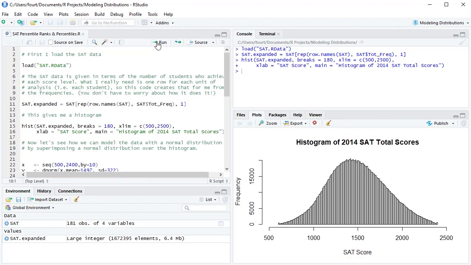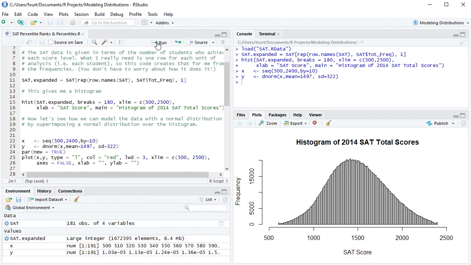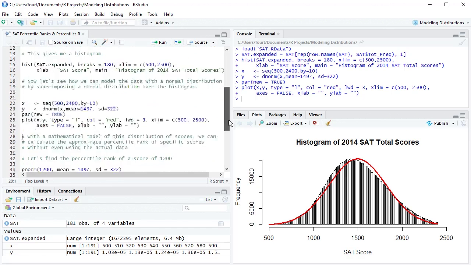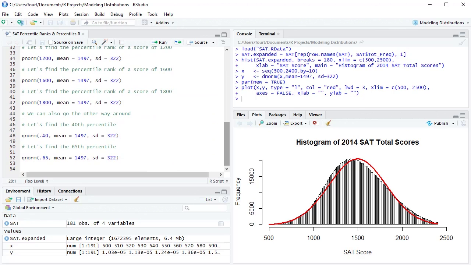We can model these data with a normal curve. We will now use this model to calculate percentile ranks and percentiles. Let's start with percentile ranks.